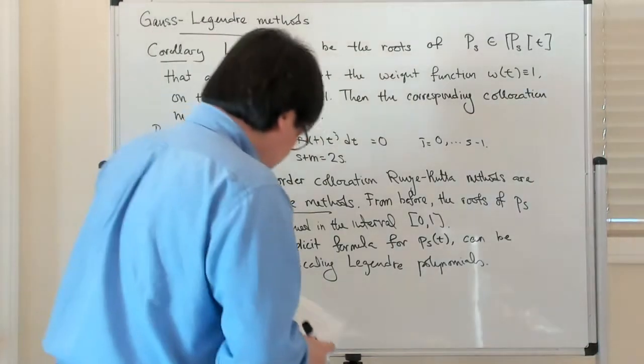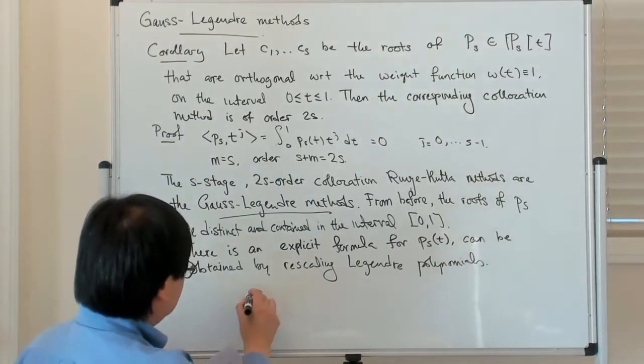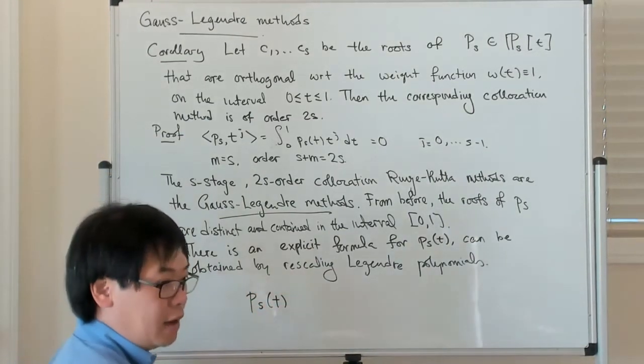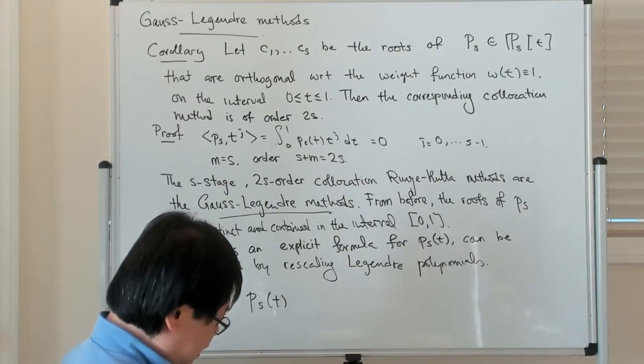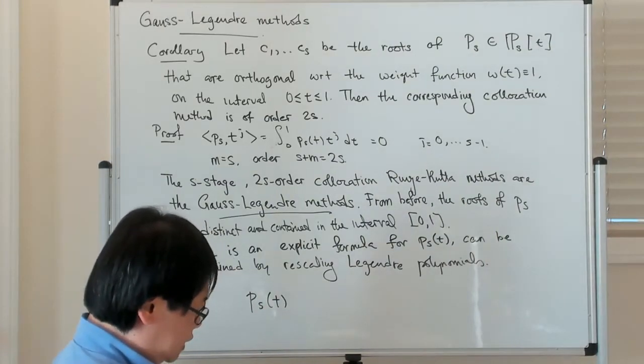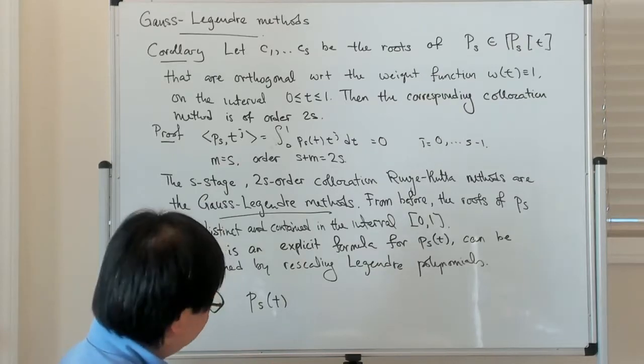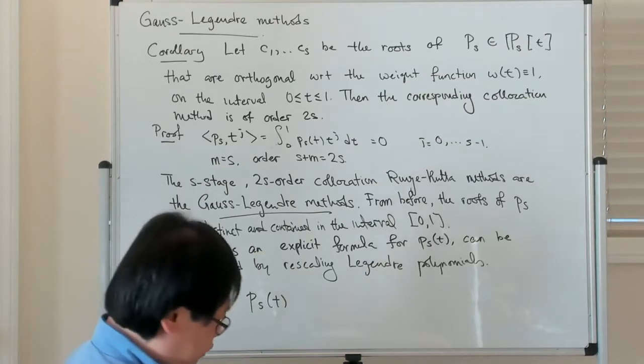To make it well defined, we're going to normalize this polynomial so that it is monic, which is to say that the leading order term has coefficient 1.